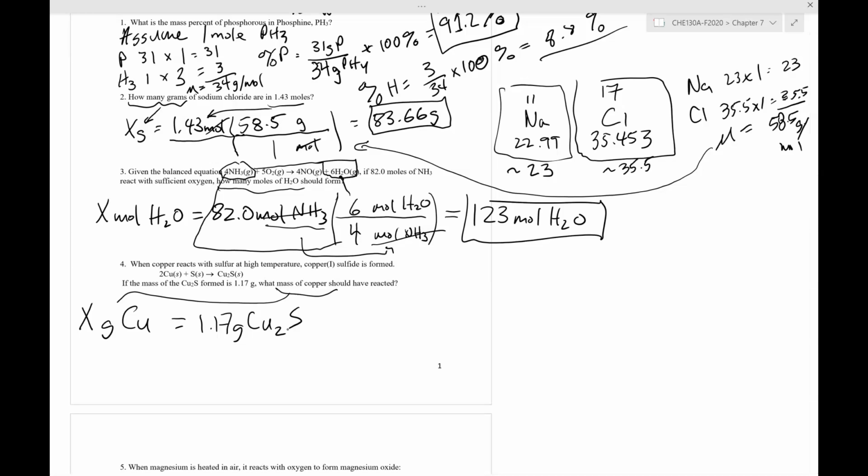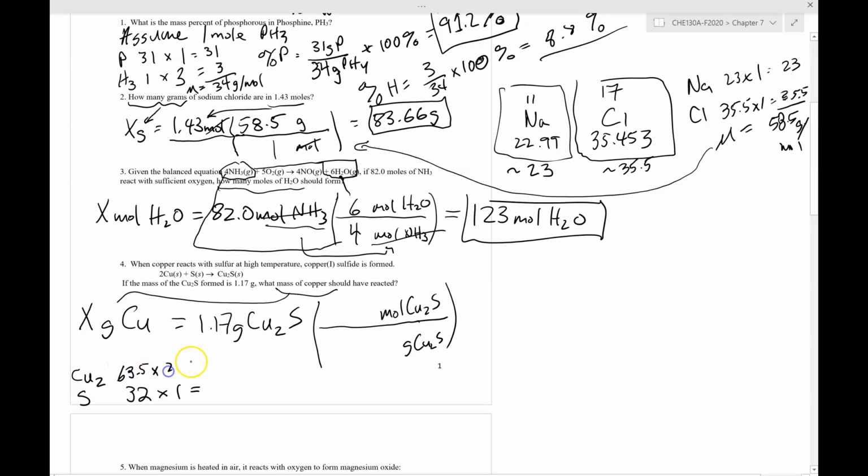First thing we have to do is convert our grams of copper 1 sulfide into moles of copper 1 sulfide. So I've got to think about that, so I'll do it down here. Cu2S. S is 32 basically, and we got 1. Copper is one of those ones that is about a half. It's 63.5, and we got 2 of those.